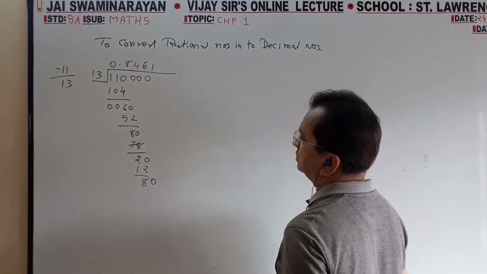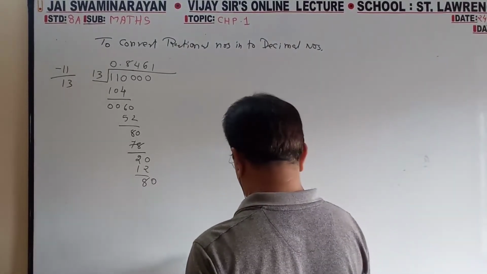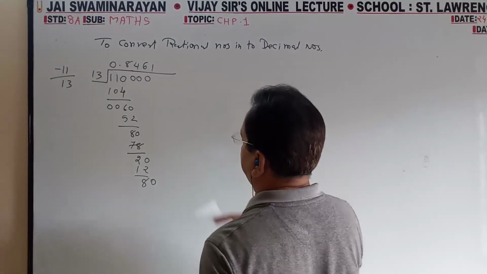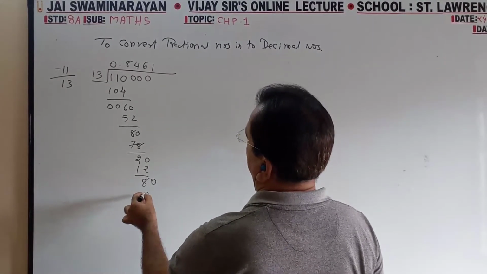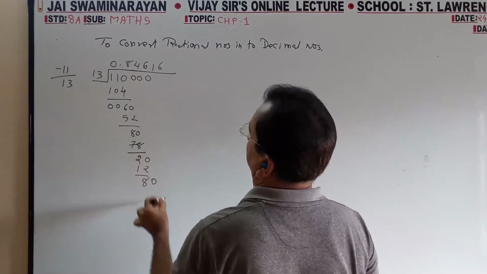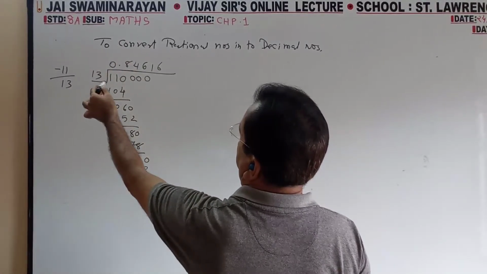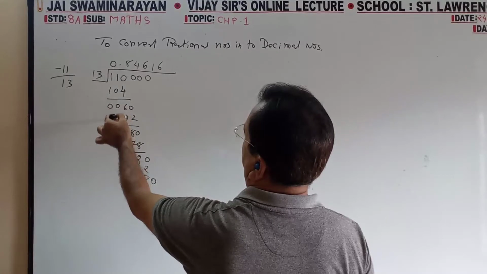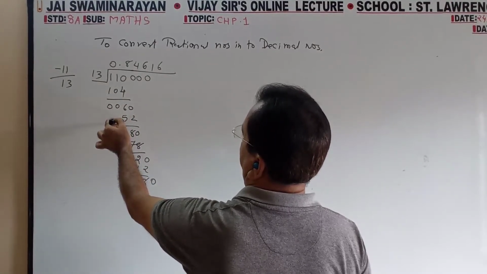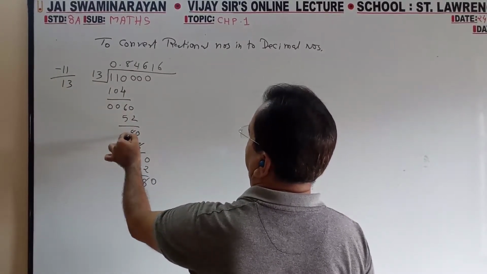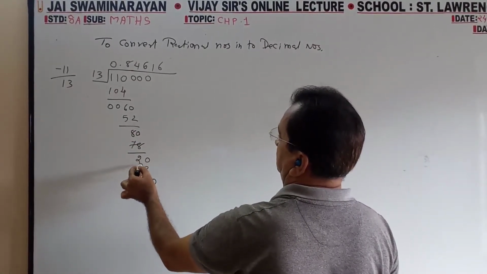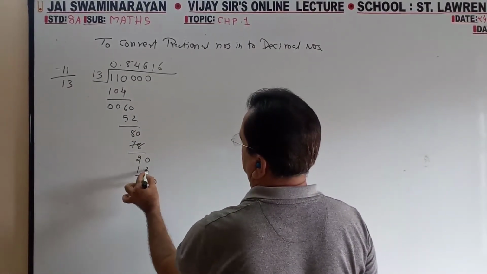It is 6. See, 4s are correct, 60. 4s are 52, 8. 6 are 20. It is 13, sir. So 70.